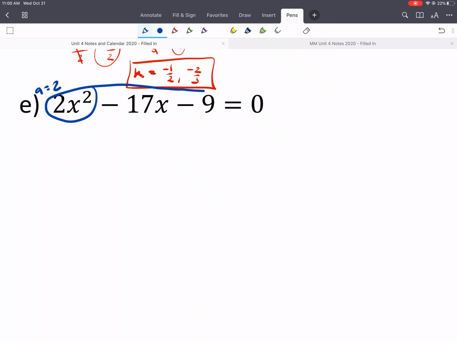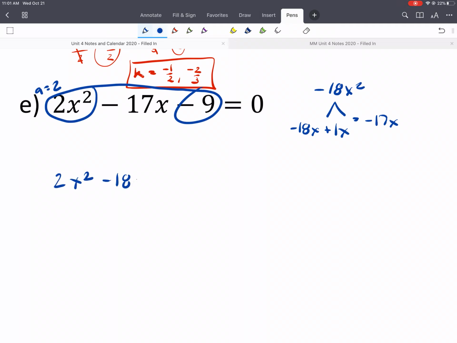So we'll do glasses. -18x squared has got to equal -17x. All right, so that's got to give us like a -18x plus 1x. Okay, that should work. We'll plug all that in, so 2x squared minus 18x plus 1x minus 9.